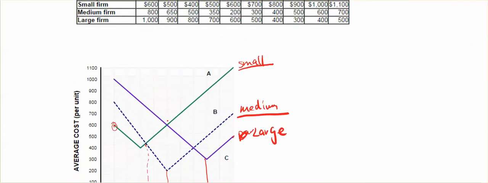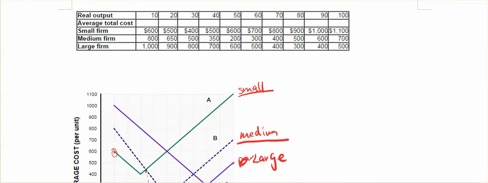Now in order to see the combination, we can go back and look at the table. If we want to produce 100 output, one option is to use the large firm to produce it, which gives us $500 as average total cost.